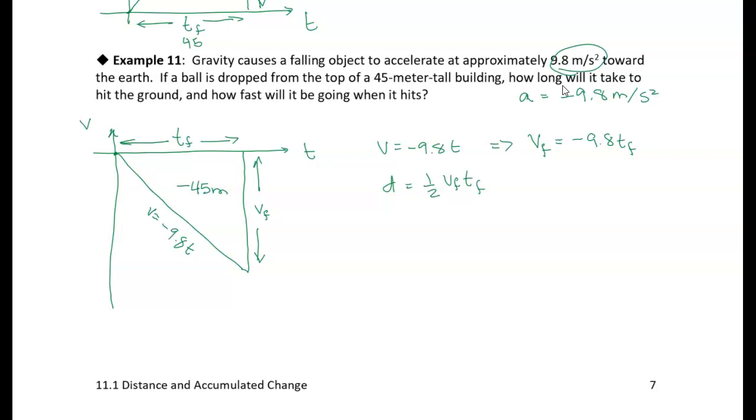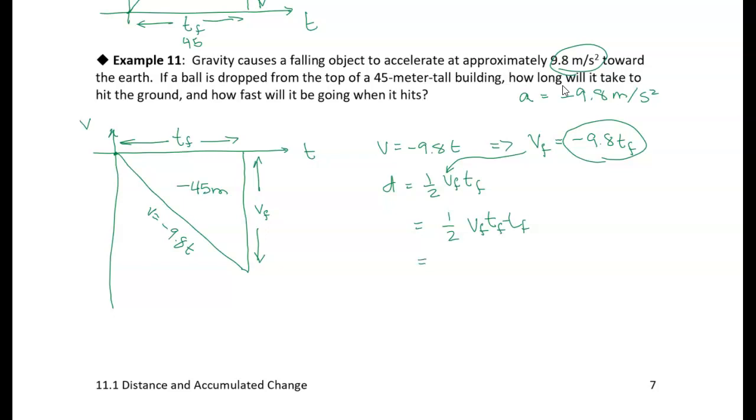All right, so now I'm going to plug in some of these numbers. I have v final. I can plug that in here, and t final. So I can eliminate a variable just by plugging in this expression right here for our final velocity. So I get 1/2 v final times t final, which is t final squared.